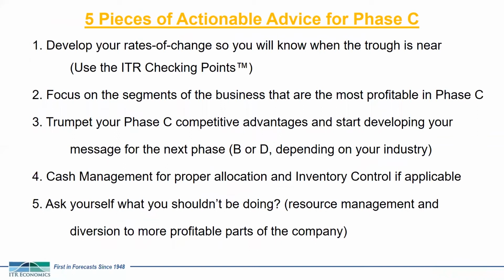You have to know where you are on a 3/12 basis, where you are on a 12/12 basis, and what the interaction between those rates of change mean, because that will help you identify when that next trough is approaching so that you can actually kick your investment and your aggressiveness into high gear, take advantage of other people's pessimism, and leverage that next rising trend to grow your business once again.